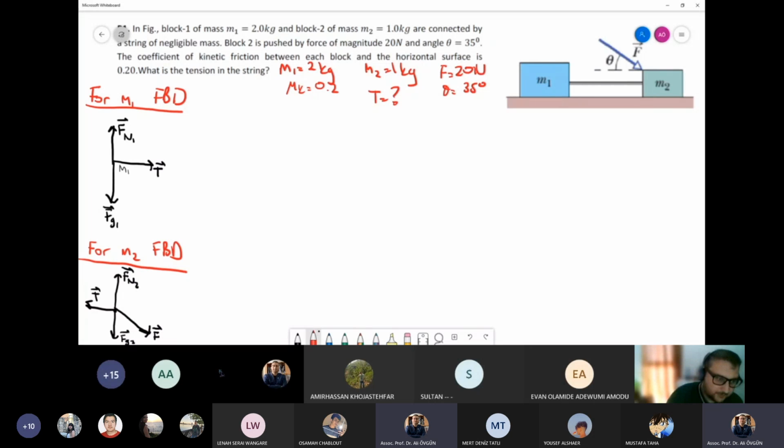So what are they? There is a Fx, and here Fy. And where is the angle? The angle is here. If angle theta is here, the other angle is where? Here. Okay.